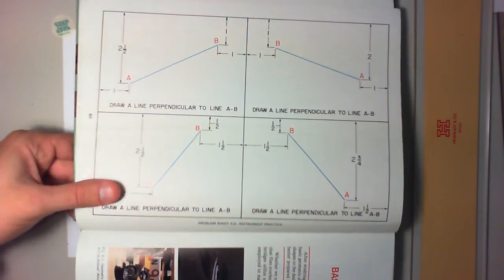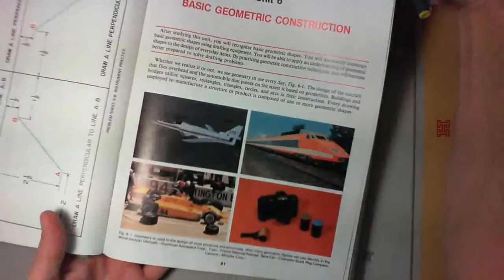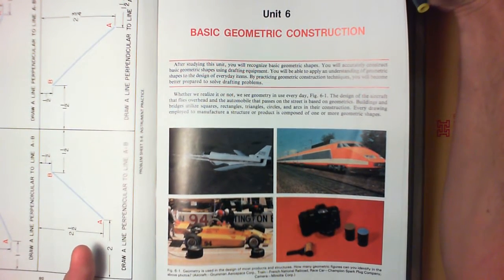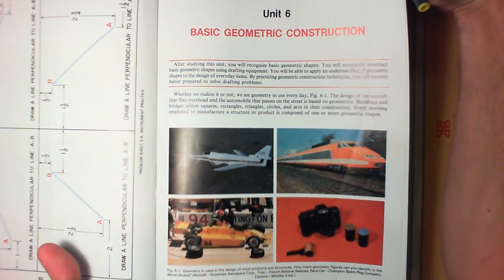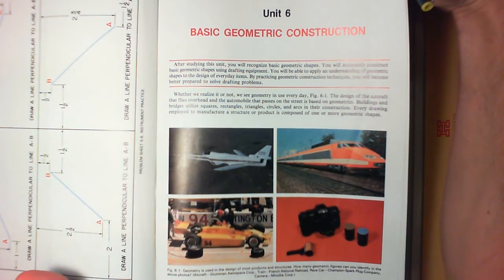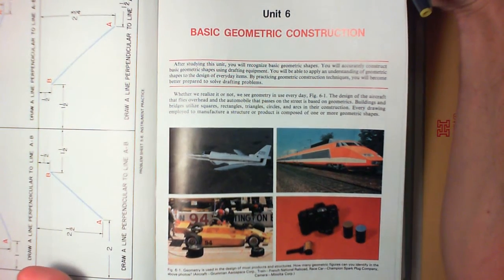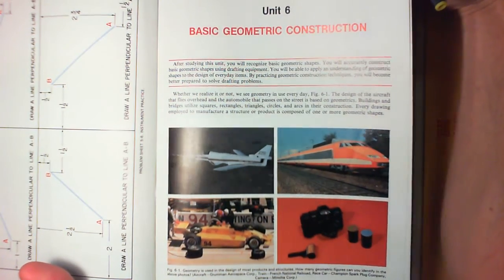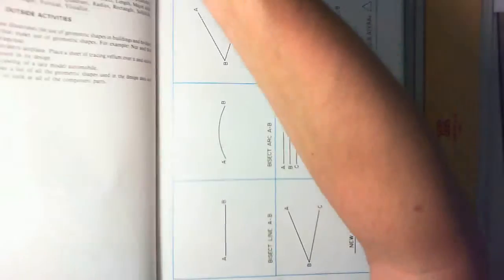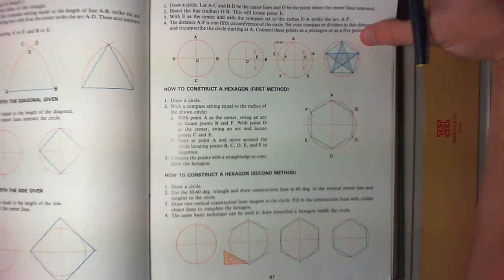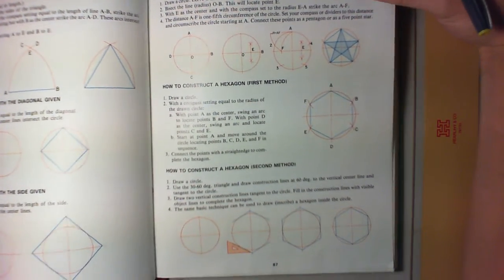So the next thing we're going to talk about are basic geometric constructions. And this is essentially where you just take shapes, and as architects or engineers, we are able to look at objects or shapes with only one piece of information and understand how to put the rest together. And this is strictly something that is done by designers and engineers, where we look at shapes and we see things or understand them from a geometric perspective.